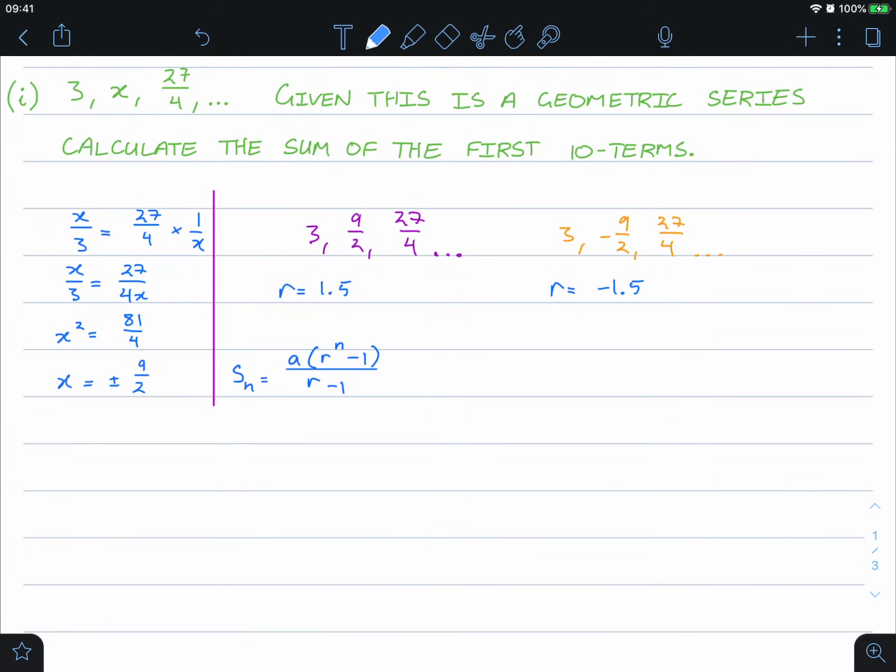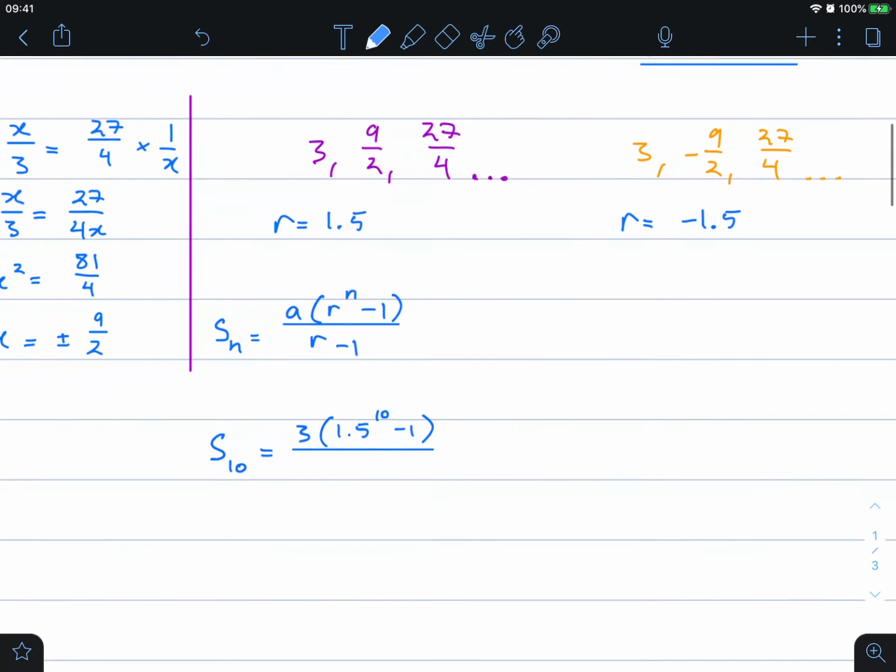So applying the positive first, we get S of 10, that's the first 10 terms. We get a, 3, bracket, 1.5 to the power of 10 minus 1, all over, I'm going to skip a step here, r minus 1, it's going to be 1.5 minus 1, which is 0.5.